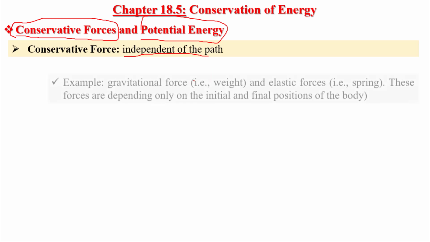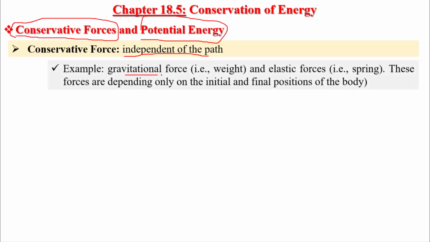Examples: gravitational force or weight, and elastic force, the spring. These are very famous examples. They depend on the state, not on the path. These forces depend only on the initial and the final position, so they depend on the states of the body. They do not depend on the path.